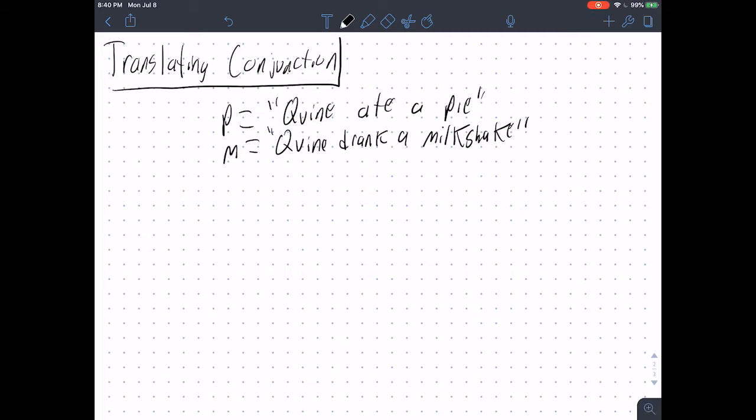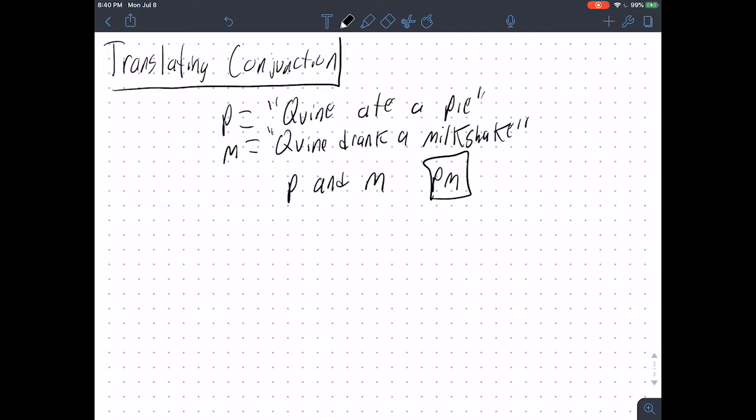And so, from the truth table lecture, if we were to write P and M, then that would translate to Quine ate a pie and drank a milkshake, right? And we would represent that with PM like that. That's how we do conjunctions.